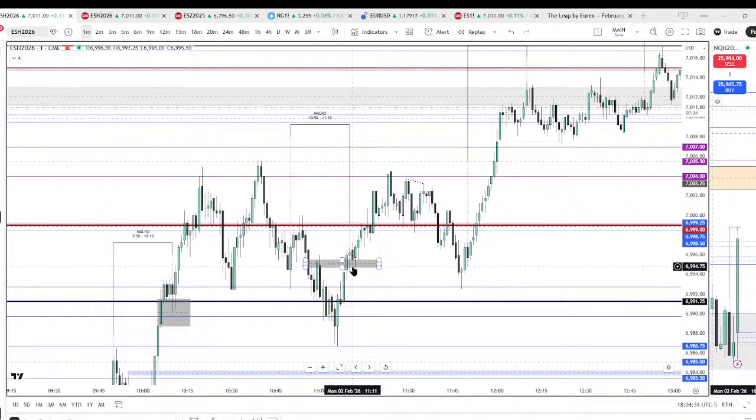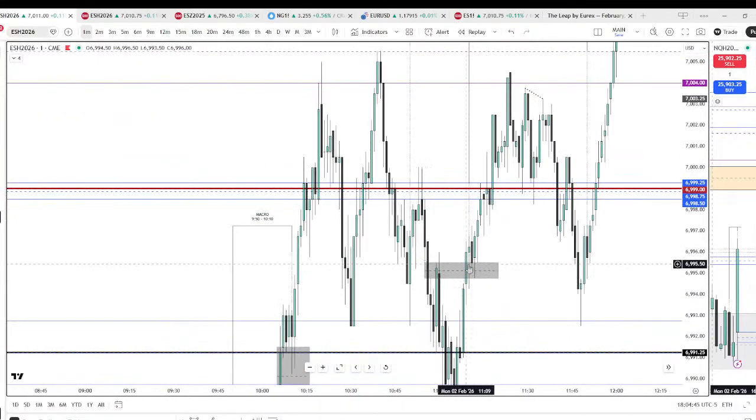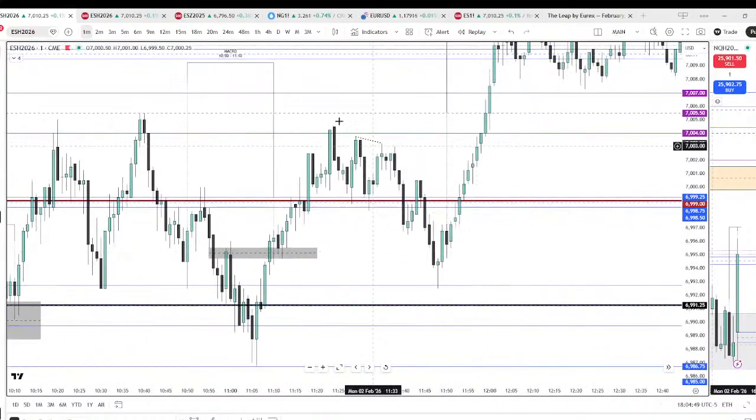Would have allowed for this, but you could see that we're chasing a premium here because the bodies don't even enter or close within that. Come up, tap the new week opening gap, and die out.